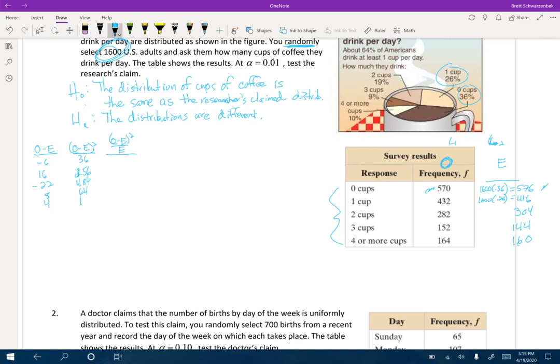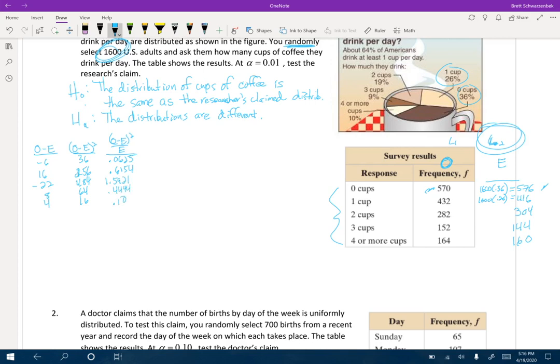And if we divide each one of those numbers by our E row, we are going to get a bunch of values that look like this. 0.065, 0.6154, 1.5921, 0.4 repeating, and 0.10.